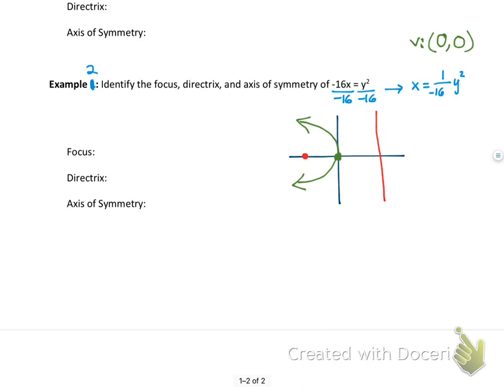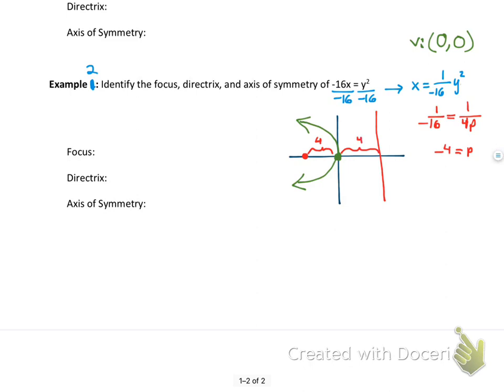Now to figure out what that distance is, we need to take 1 over 16 and set it equal to 1 over 4p. So what times 4 gives us negative 16? Well, 4. Specifically negative 4. Which means that this point is negative 4 spaces away. So 4 here and 4 here.